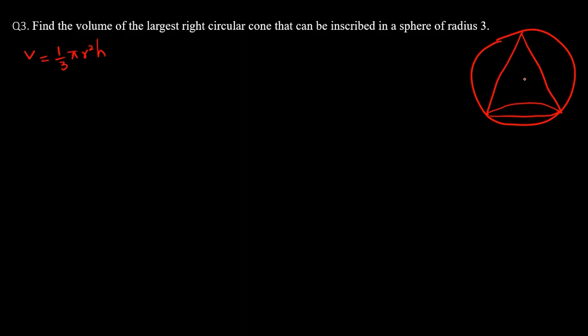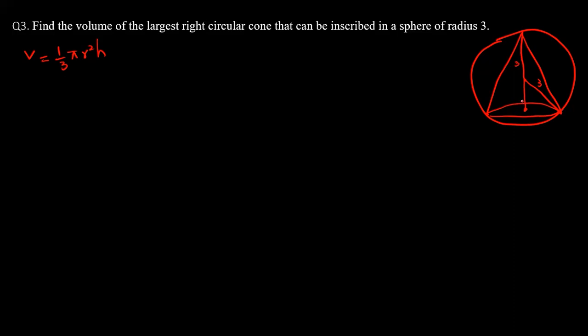So let's say that this line represents the radius of this sphere. We can say that this is 3, and if we draw a line from this point to this point, the height is also 3, but we need the complete height, which is from this point to this point.